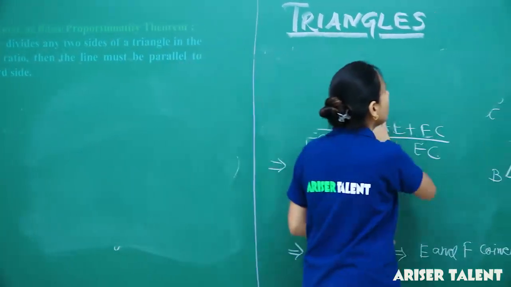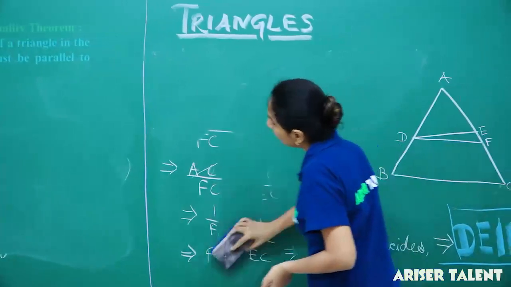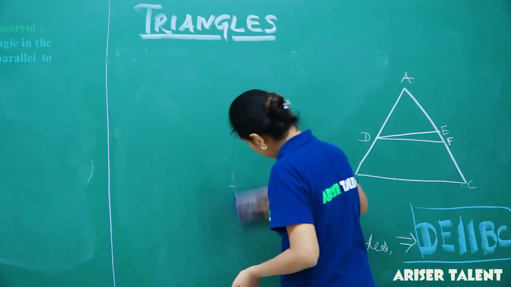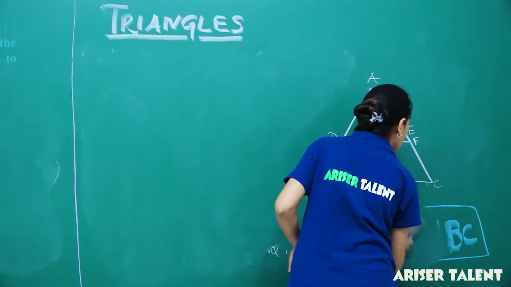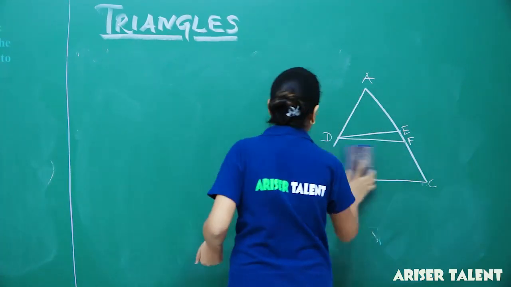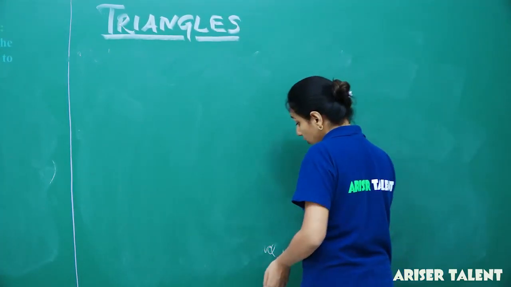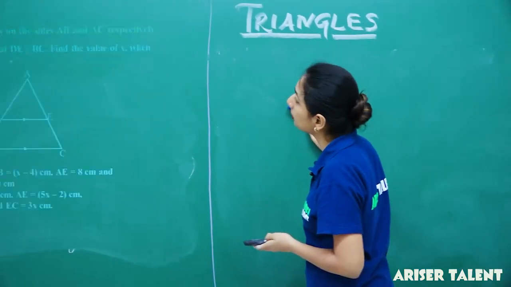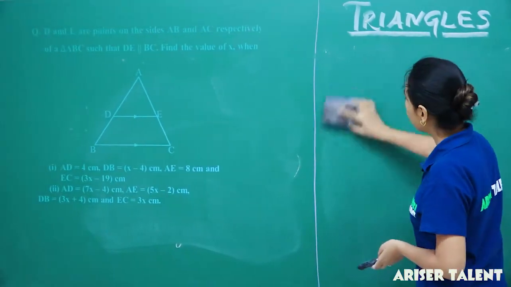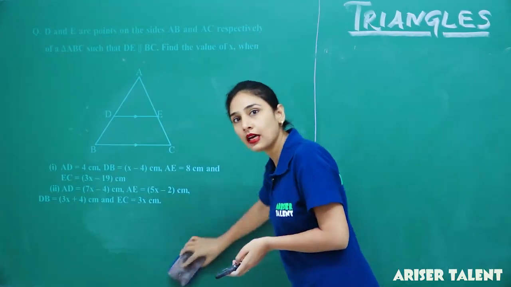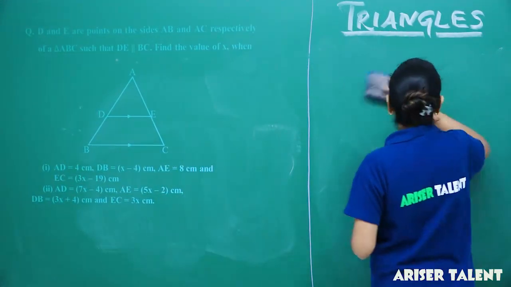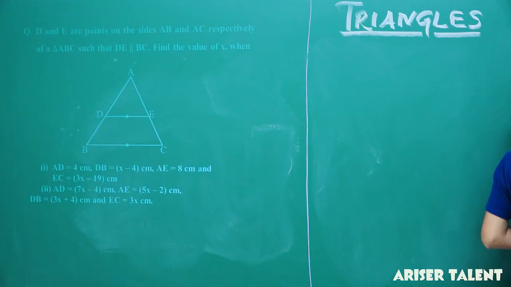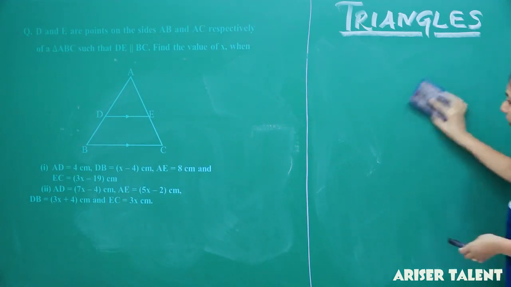Okay students, so this was about the theorem part and the proofs. What's next? We have next this question for you. You were missing questions, na? We have done a lot of theorem part and proofs.